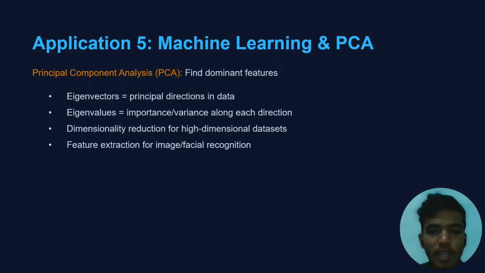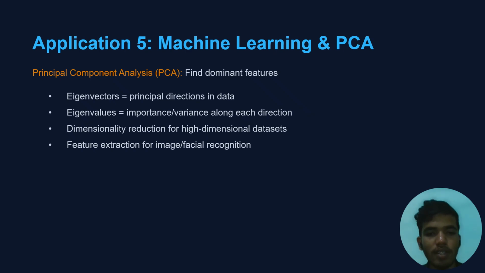As AI is improving rapidly, in machine learning, PCA, principal component analysis, finds features. Eigenvectors are the principal directions in data. As we discussed, it compresses the data by performing normalization and orthogonality operations.